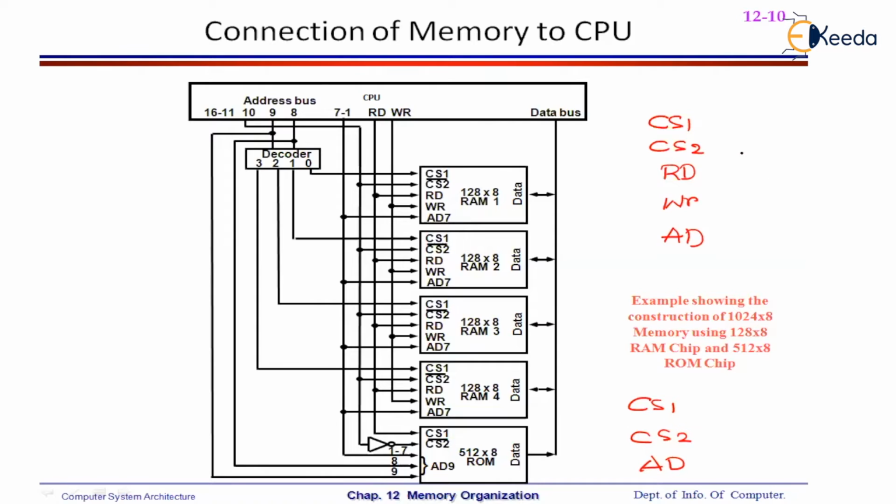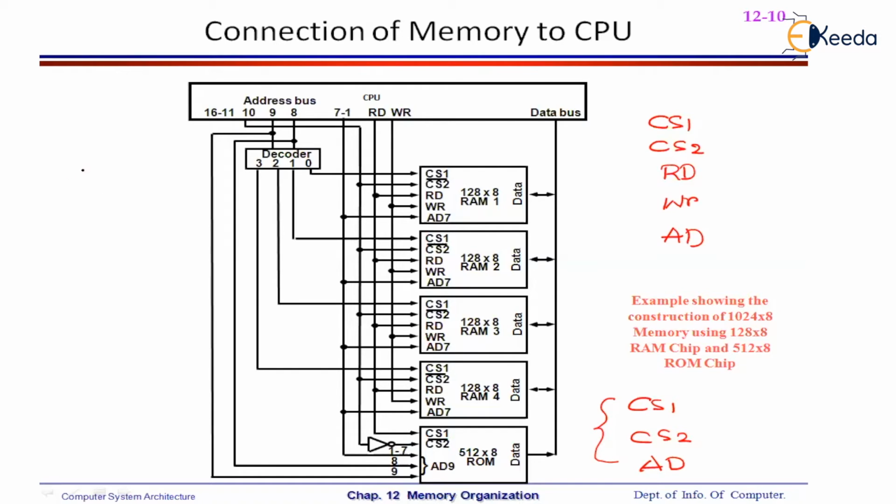Every RAM has these many connections, and the one and only ROM we do have in the system has these connections, because we don't require read and write for ROM, because when ROM is selected, only read operation gets performed. Now we need to make appropriate connections to have our logic appropriately implemented.